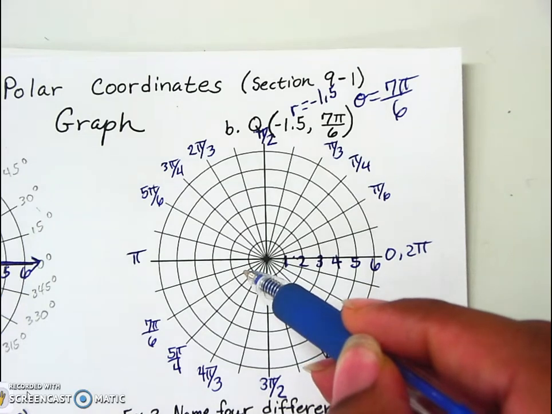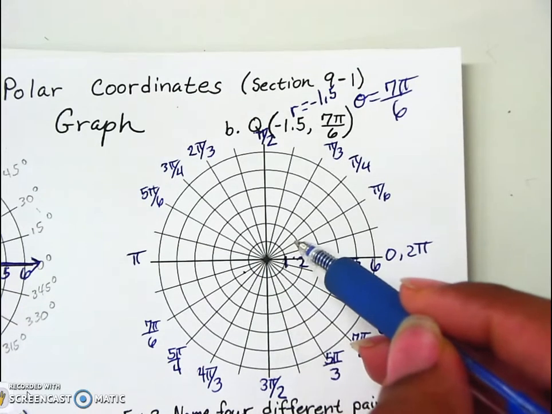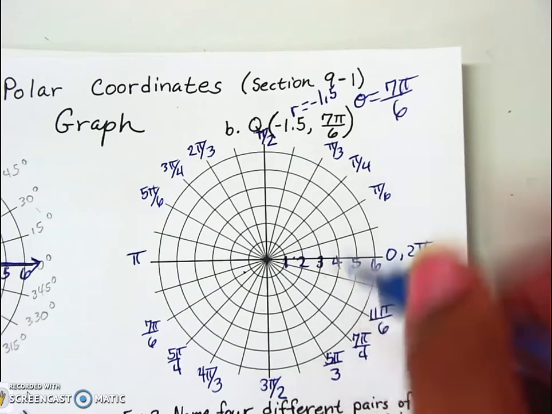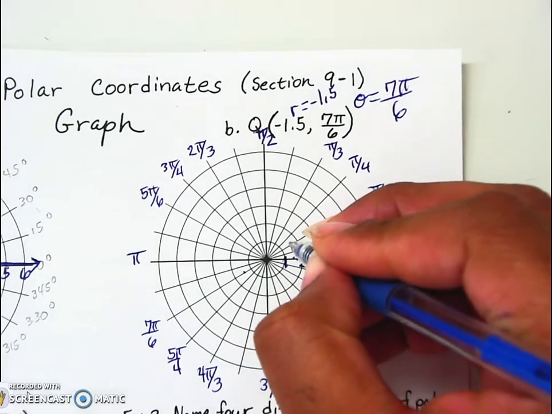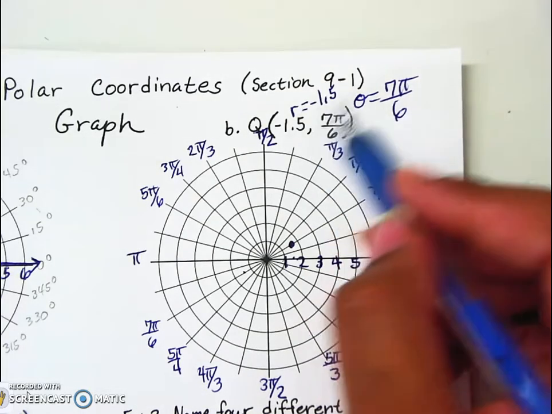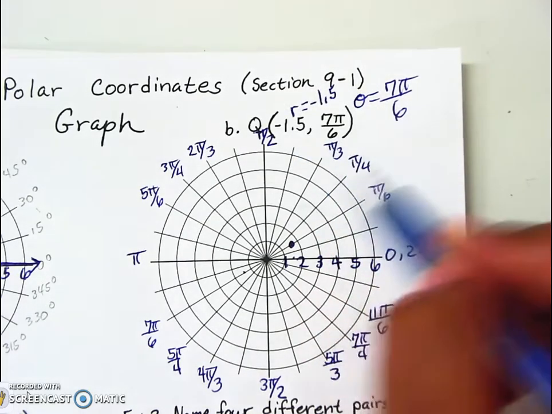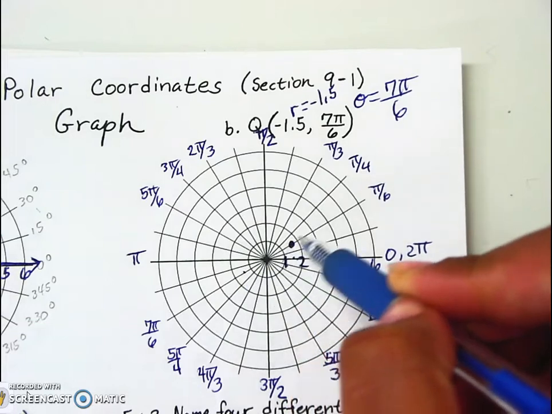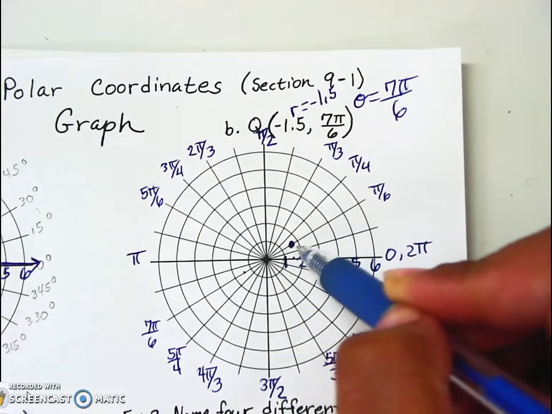Now, because it's negative, you kind of have to back it up. If the r is negative, you go to that angle and you just back it up to the other side, the opposite side. So let's back it up, back it up, back it up, back it up. And that's going to be over here on this side at pi over 6. We put a dot right there. So again, if it's negative, you go to where it is, and then you just back it up to the other side and do it at that point.